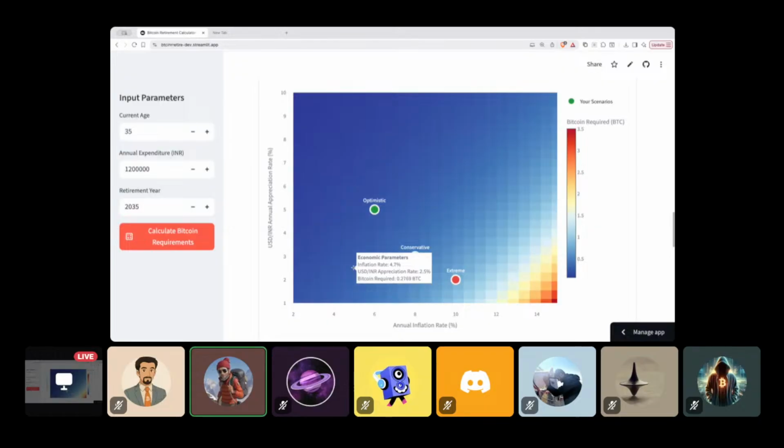Probably you are looking at 0.276 BTCs. But if you are not comfortable with this area, then you can explore other areas.